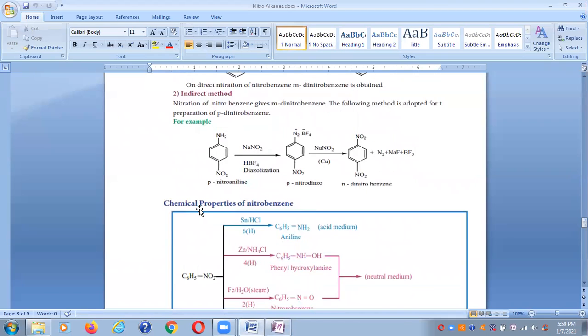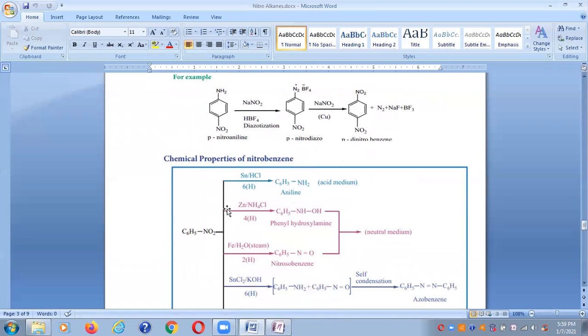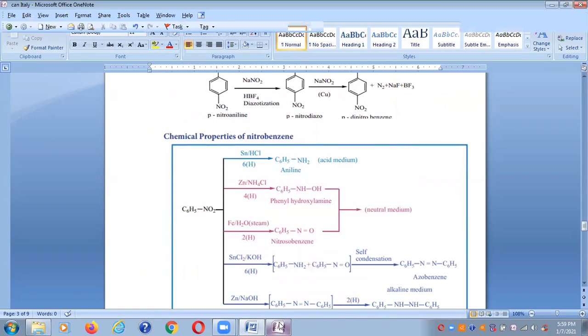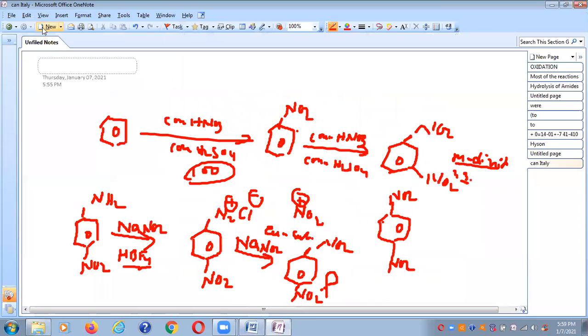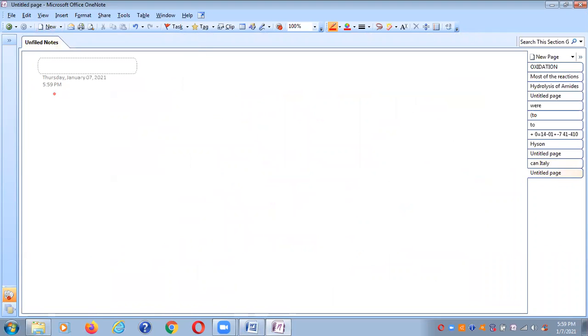And next, let's see the chemical properties of nitrobenzene. So generally this is nitrobenzene, and what is that? On benzene, generally benzene undergoes which type of reactions? Electrophilic substitution reaction. So this is known as a meta directing group.